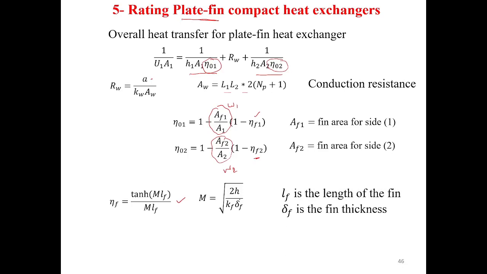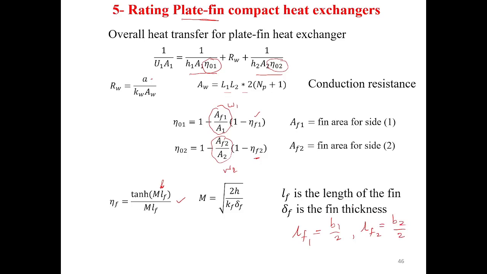LF actually is the length of the fin. We usually take it as half of the spacing between the plates. So in many cases we can take LF, the length of the fin, for example for side 1, to be B1 over 2, and LF2 equal B2 over 2, so half of the spacing.